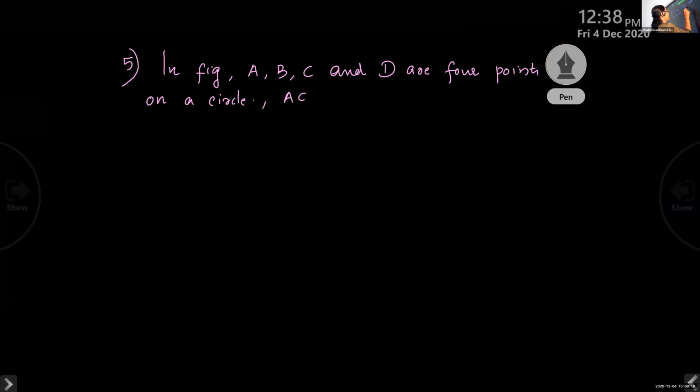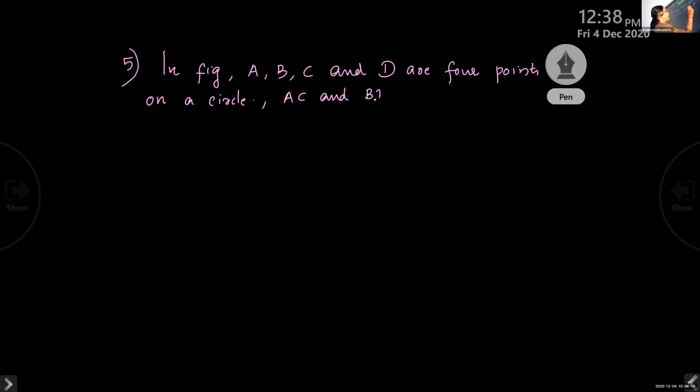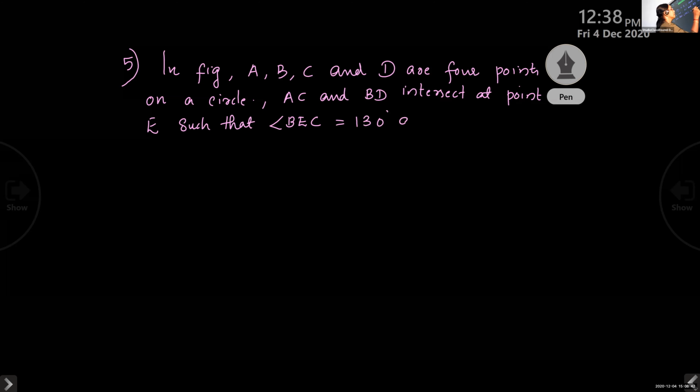AC and BD intersect at point E, such that angle BEC equal to 130 degrees and angle ECD equal to 20 degrees. Find angle BAC.